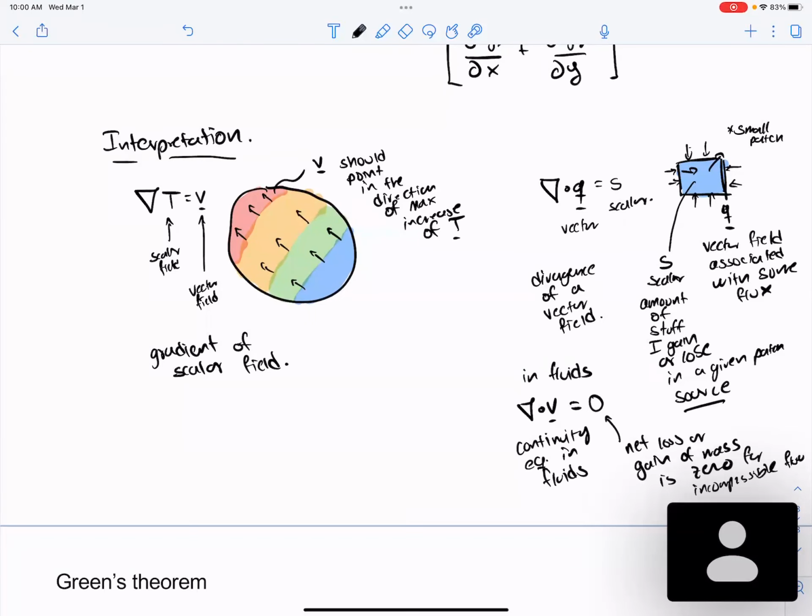But that is the meaning of the divergence. So if you have the divergence of a flux, that tells you basically the local gain or loss of whatever is fluxing. If it's heat, then the divergence of the heat flux tells you how much heat you gain or lose at a point or at a small patch.